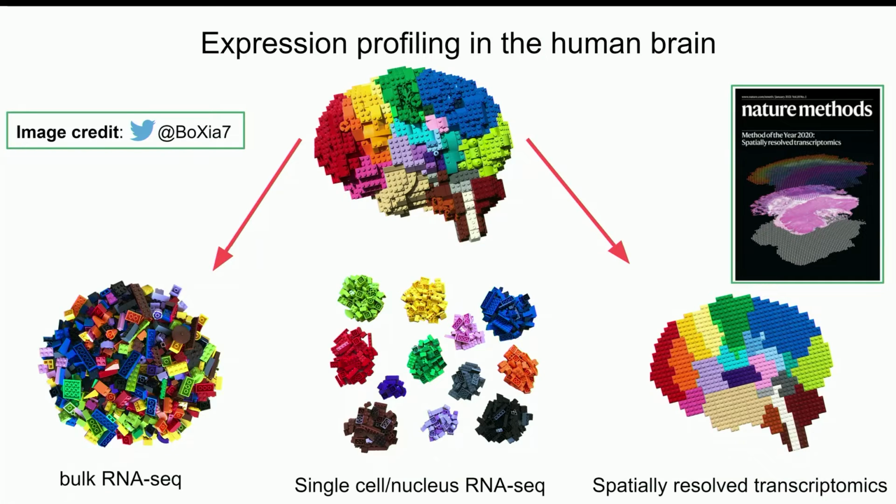And I will say that the technologies of spatially resolved transcriptomics were labeled by Nature Methods in 2020 as the method of the year. So these are really robust technologies that are hitting their stride and being used more and more in basic research labs. I would say not so much in the clinic yet, and I'll get to why.